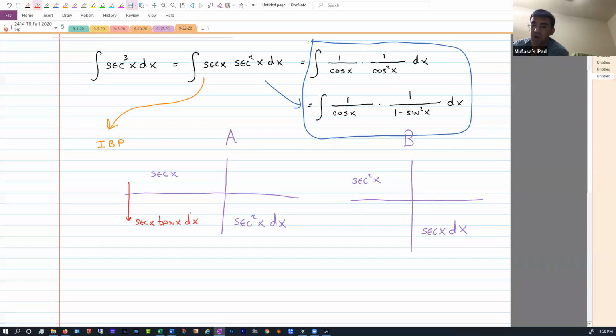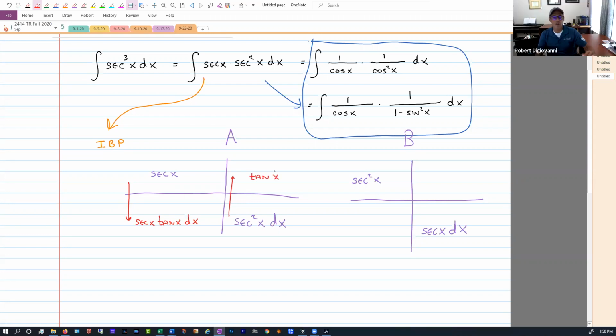And if you try to integrate secant squared, it's just tan x. That's the part to me that's attractive, is the fact that the antiderivative of secant squared x is just tangent x. Like, I like that.